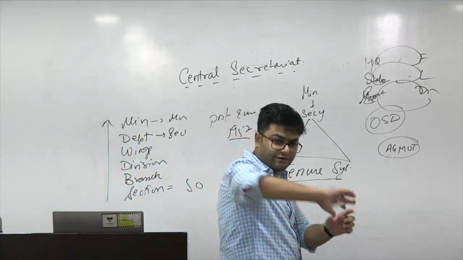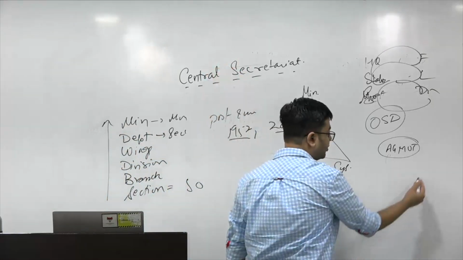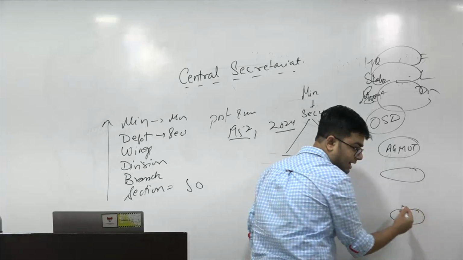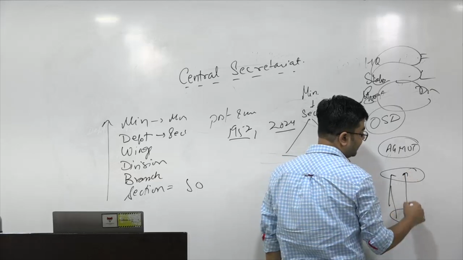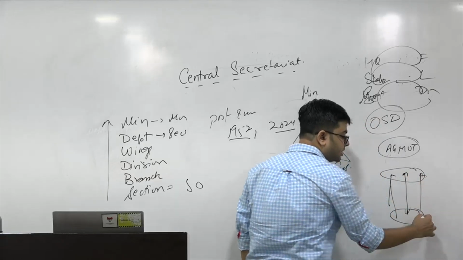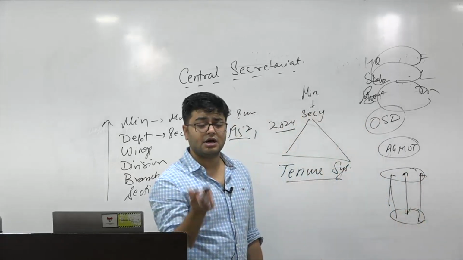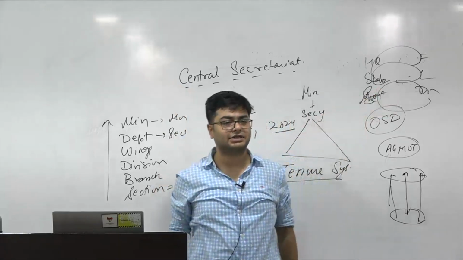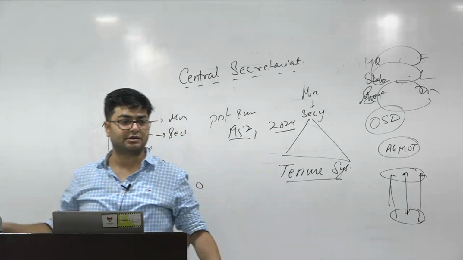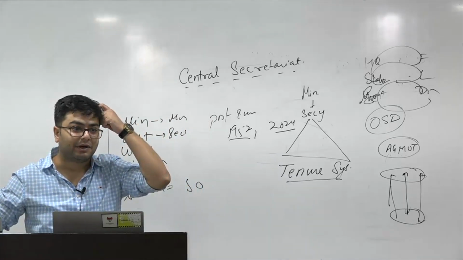Why? Because when we started with this tenurial system, the nature of activities at the center and at the ground level had a sort of semblance. Just the scope differed. But now the activities at the center and the state are completely divergent. But no, sir, you will counter this. Development administration.